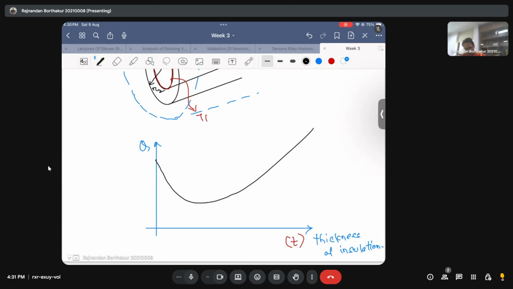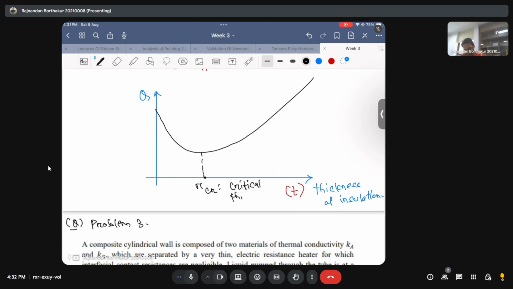That means if you go on adding insulation up to a certain thickness, your rate of heat transfer will decrease, and after that your rate of heat transfer will increase. The point at which the rate of heat transfer is minimum, the minima, is known as RCR, the critical thickness of insulation.